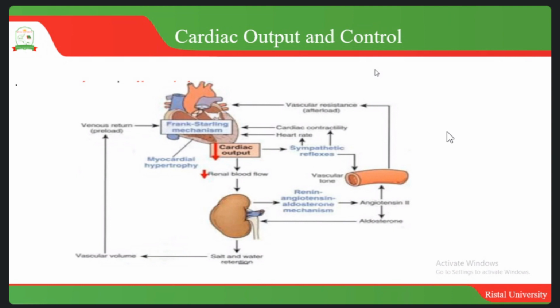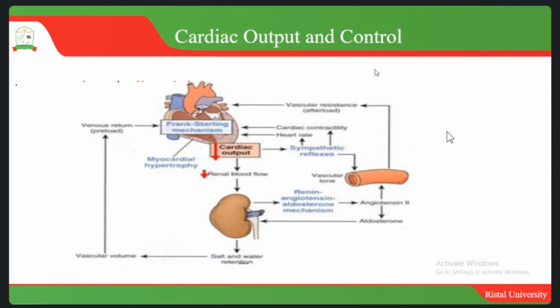When we don't understand the structures of the heart, it will also make us not understand how the cardiac output and its control can be handled or managed. So when you look at this, you just realize that cardiac output is the controller of each and everything.